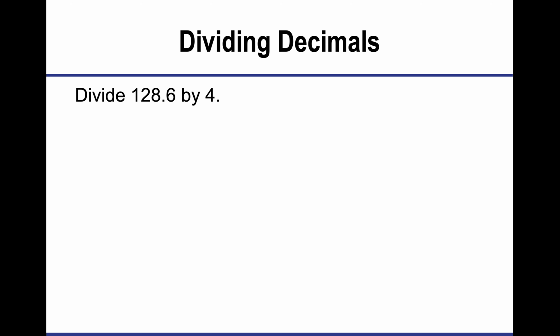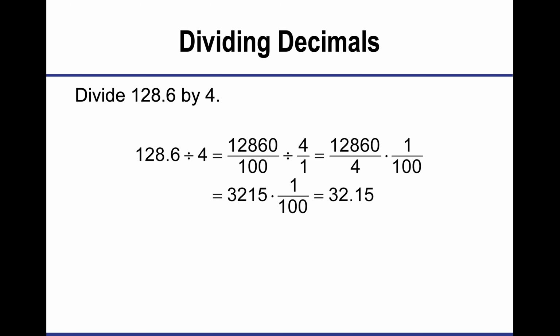Now, if I want to divide decimals, that's going to be a little bit of a building block off of multiplying decimals. When I divide decimals, I'm going to put 4 into 128.6. I'm going to say, well, 4 goes into 12 3 times, 4 goes into 8 2 times, and then I have the 6 that I have to deal with.